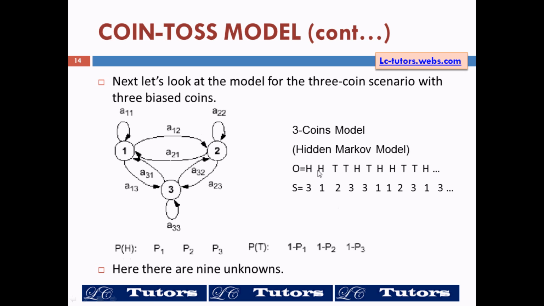So he gets head, tail, whatever. This is coin 1, coin 2, coin 3, but we don't know which coin he was tossing. Therefore this head can be from coin 3, this head can be from coin 1. The selection of coin 3 or coin 1 depends on his arbitrary probabilities given by another stochastic process.